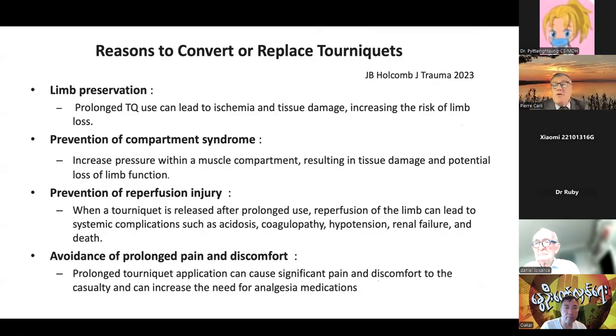To prevent the reperfusion injury, unfortunately, if you set in place a tourniquet for 6 or 8 hours, you cannot remove it, because if you remove it, you have immediately a shock of the patient with acidosis, coagulopathy, renal failure, and so on.